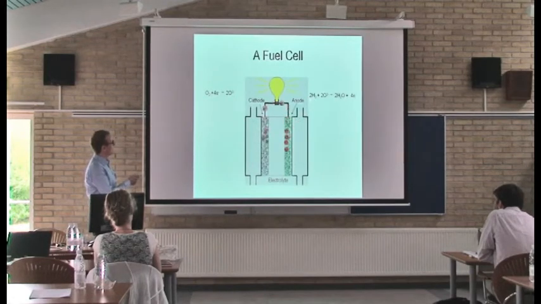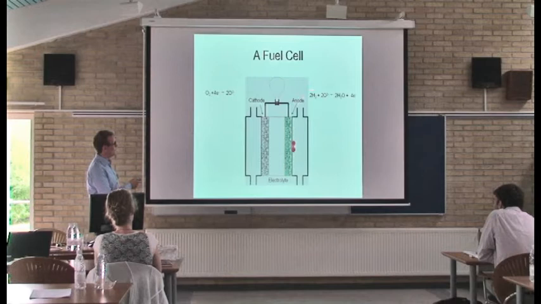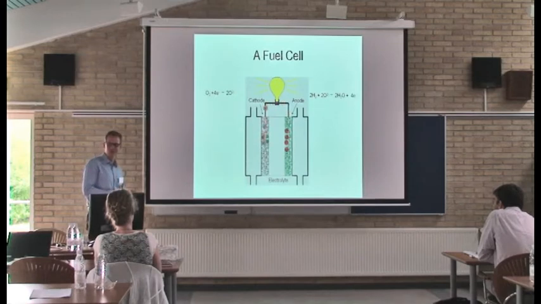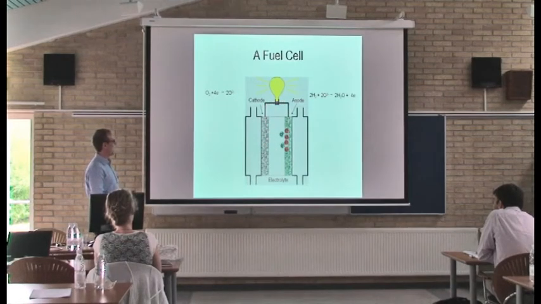These pass through an external circuit where you can draw power from. On the cathode side, oxygen is reduced by accepting these free electrons from the anode side. So the overall reaction is that the fuel, hydrogen here, reacts with oxygen to produce water and electricity. In solid oxide fuel cells, this happens at very high temperatures, for instance 700 degrees.